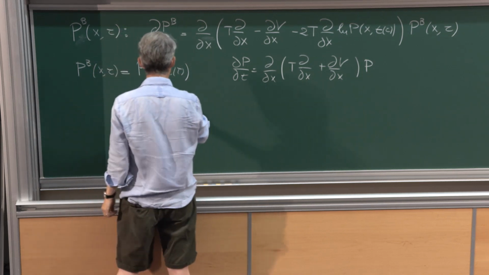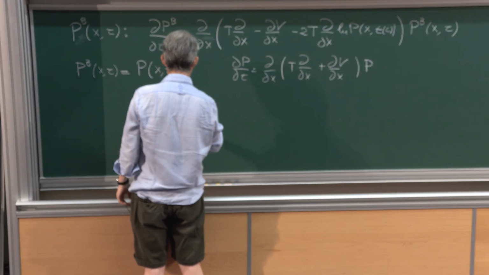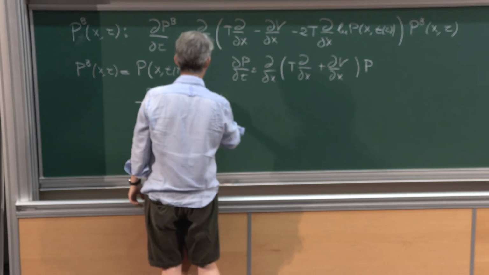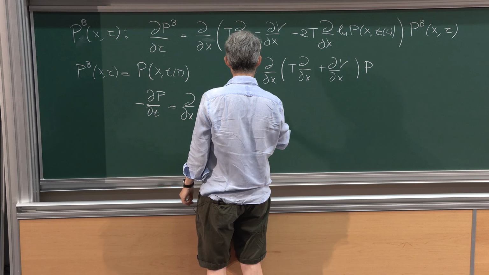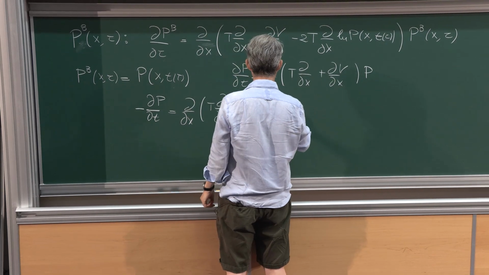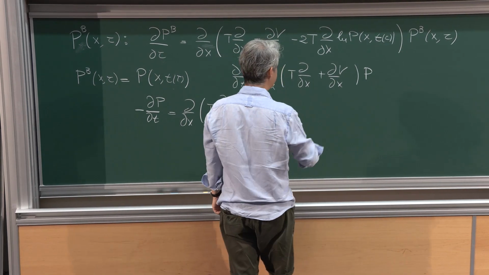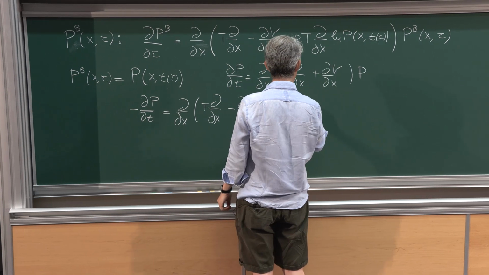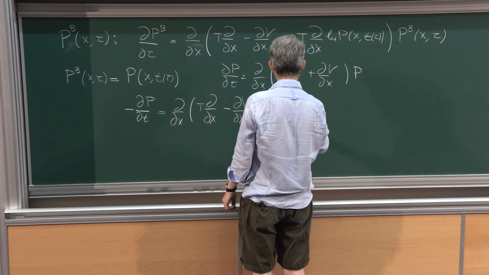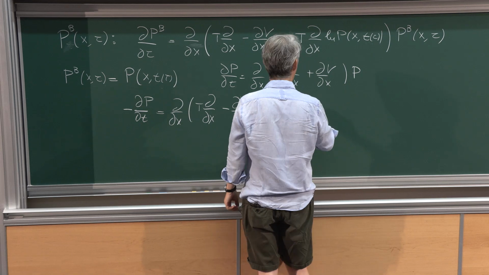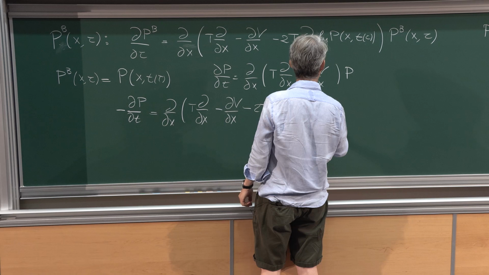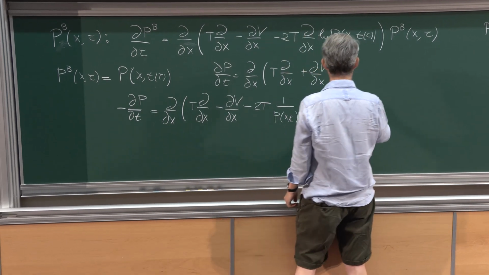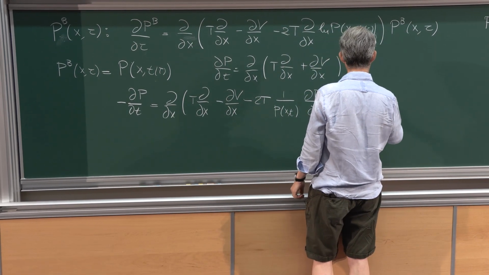And on this side, I have dx of T dx, and then minus dV dx, minus 2T. Now let's take the derivative here. This is going to give me 1 over p of x and t times dp of x and t dx, and then I have p of x and t.